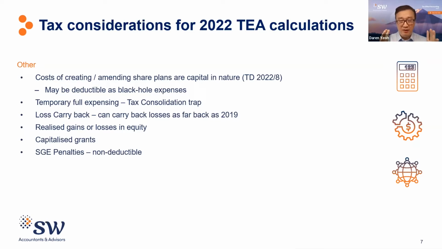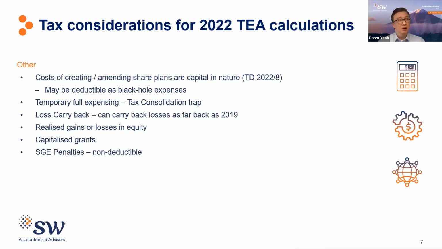If you are a tax consolidated group and you acquire another company which joins your consolidated group, and that company has applied temporary full expensing on their assets, when you're doing your ACA, allocable cost amount calculations, you cannot allocate tax costs to those assets. So that's a trap that you need to be aware of, and that should be one of the questions in your due diligence.